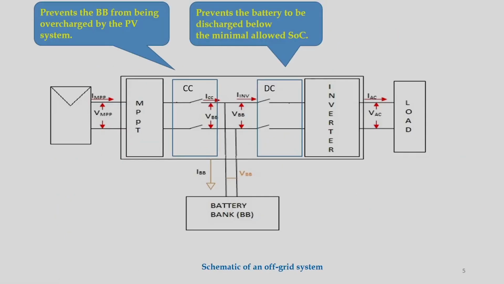Now, let us see the components of an off-grid system. This schematic shows all the components. We have PV modules, and then MPPT, then CC meaning charge controller, then DC meaning discharge controller, then inverter, then we have loads, right.